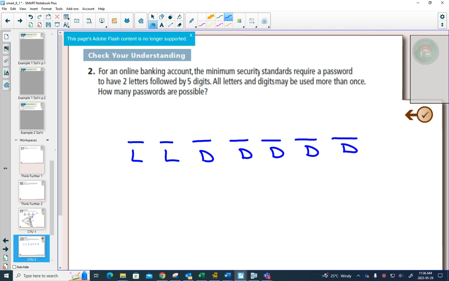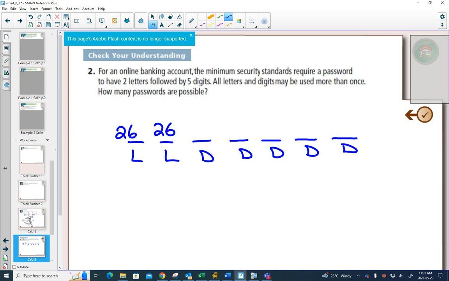And so we're doing English here, we're only going to consider 2 letters, not uppercase and lowercase, so then we'd have 26 choices there. And it says you're allowed to repeat, so there'd be 26 choices there.